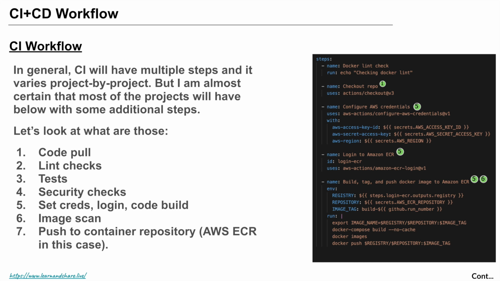As part of that, we are building an image, and then finally, once that image is ready, we are publishing that to AWS ECR. So in order to publish that to AWS ECR, we have to have the mechanism to talk to AWS ECR.